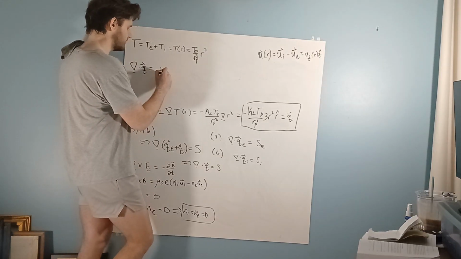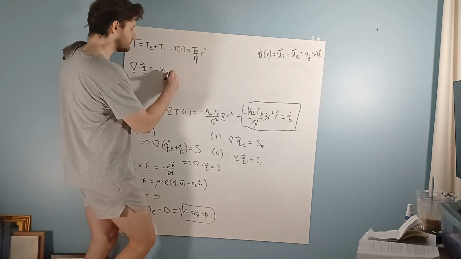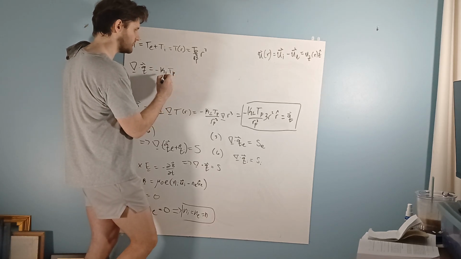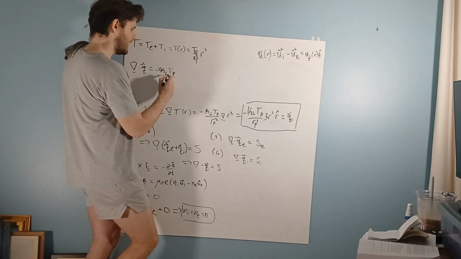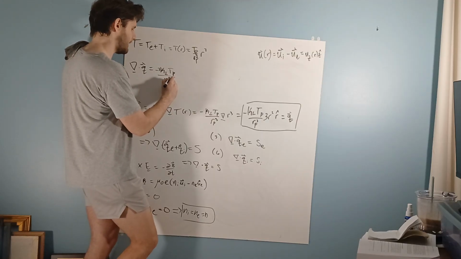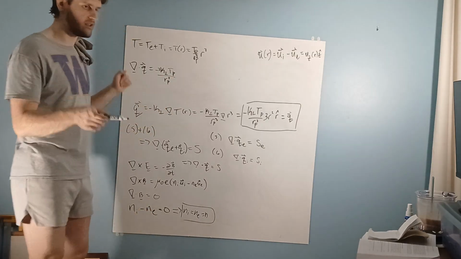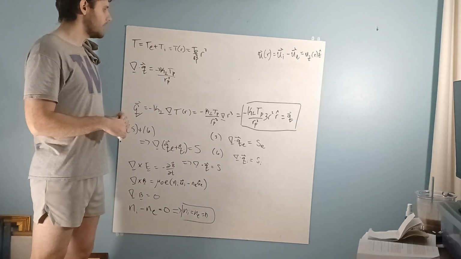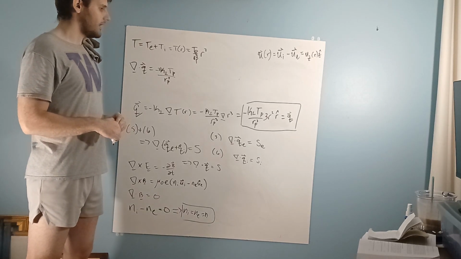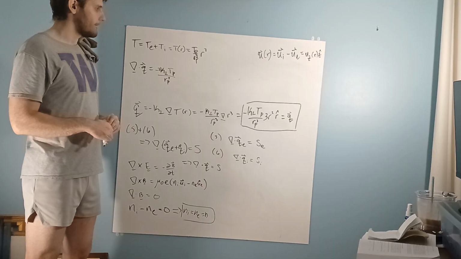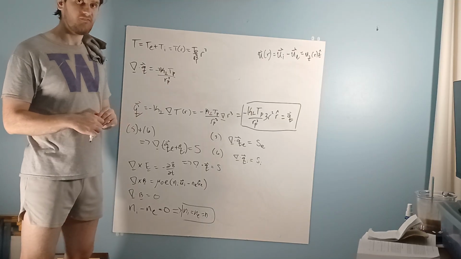Also notice there's one thing here that we're doing that is very useful, and that is the fact that this kappa perpendicular, the perpendicular thermal conductivity, is perpendicular to the magnetic field, right?